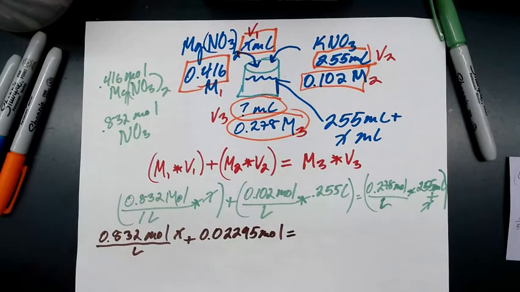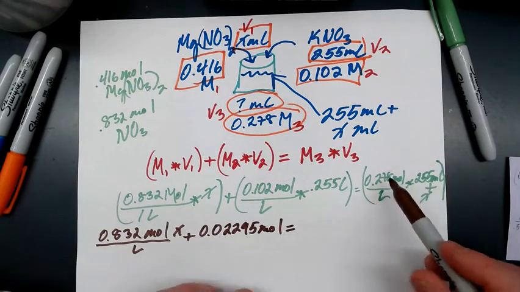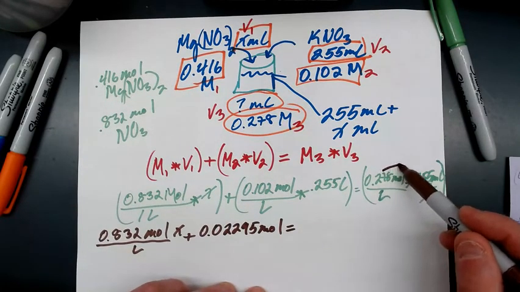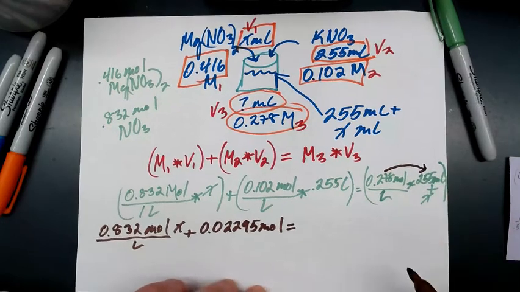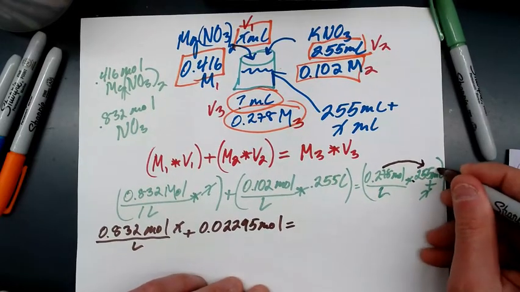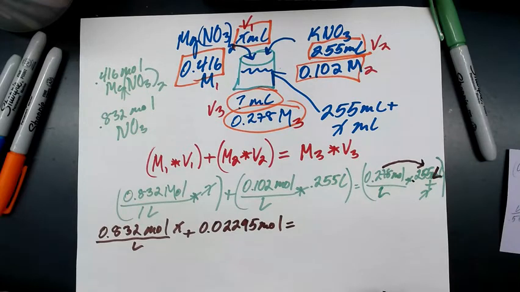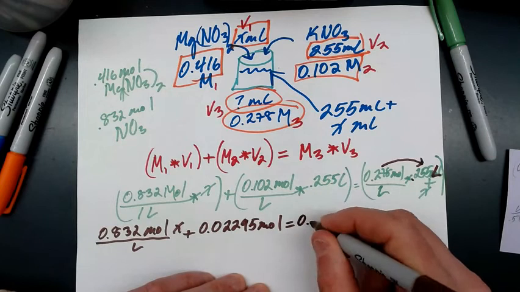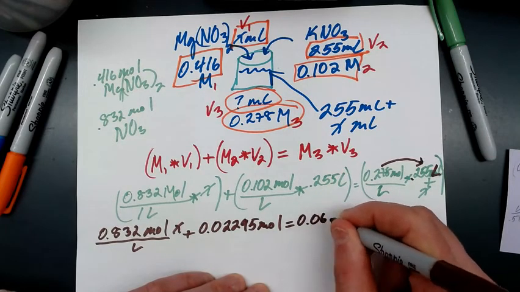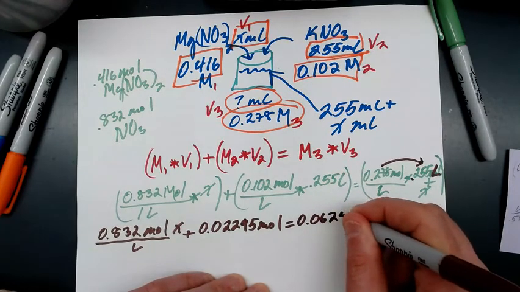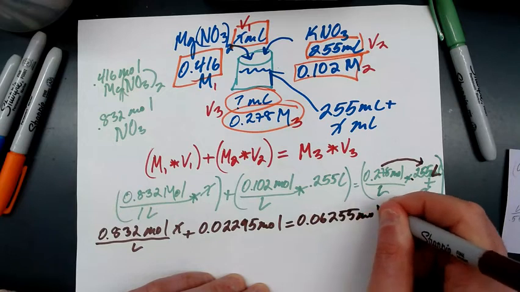And I'm going to set that equal to, now this is where it gets a little tricky because I have to distribute. So I'm going to distribute first to the 255, and should make that 0.255, and that's liters. So when I multiply these two, I'm going to cancel out my liters and be left with 0.06255, and that's going to be moles.